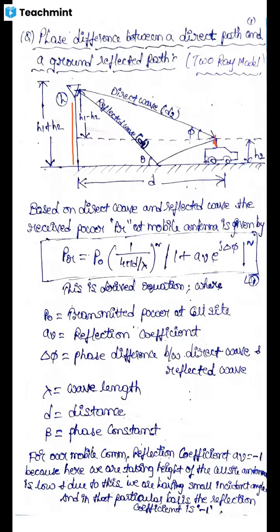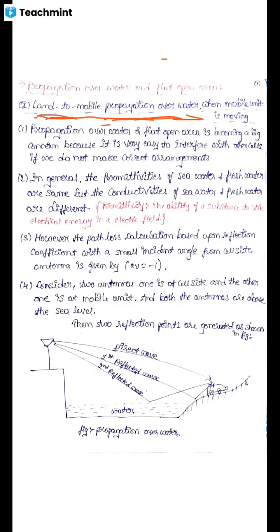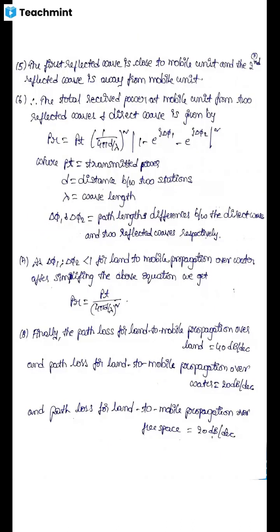Between these two stations, there is one direct wave and one reflected wave. For this, I had written the expression PR is equal to P naught into (1 by 4 pi d by lambda) whole square, modulus of 1 plus AV e power j del phi whole square. This is the same expression I am getting between the two fixed stations.